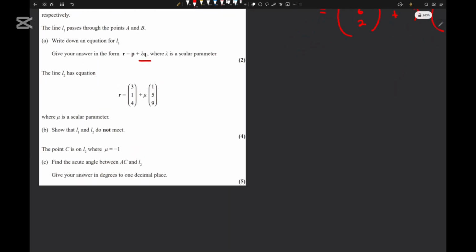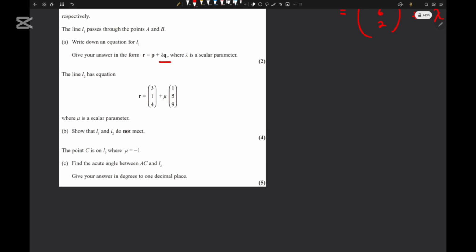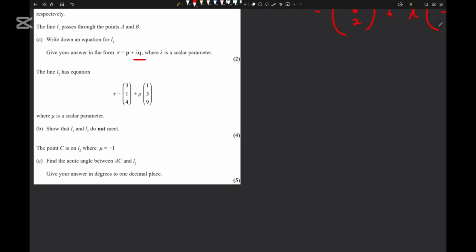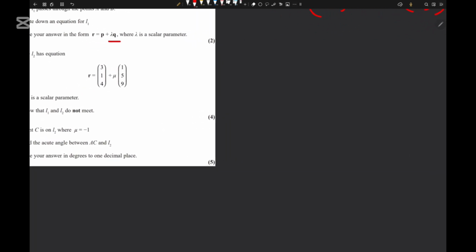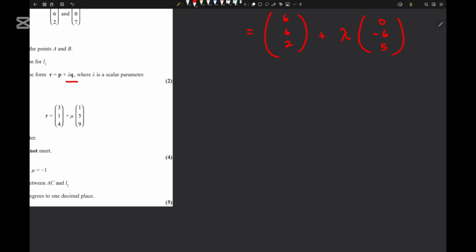Now for the second part, the line L2 has this equation. Show that lines L1 and L2 do not meet. Let's assume that these two lines do meet. If these two lines meet, we can equate the equations of the lines. So if we take this equation, this will be 6, 6 minus 6 lambda and 5 lambda plus 2.